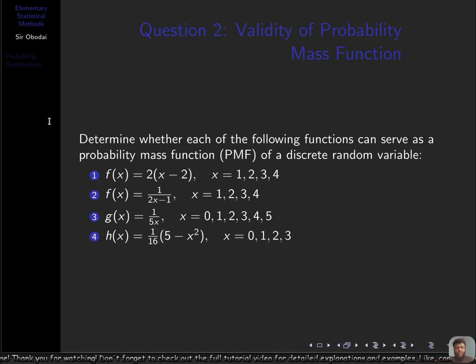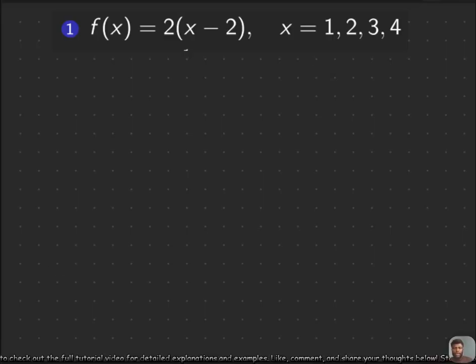Secondly, if you add up the values over the distinct values of the variable, you should get an answer equal to 1. So let's quickly take a look at how we are going to go about this.